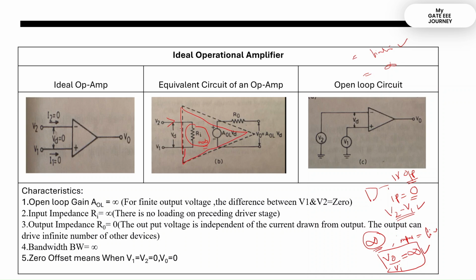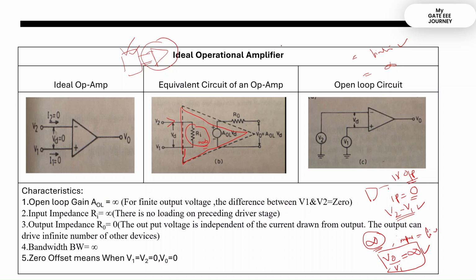What it indicates is, if we connect our operational amplifier to any preceding device, then because of this operational amplifier, the characteristics of the preceding device will not change. That is the advantage of a high input impedance device.